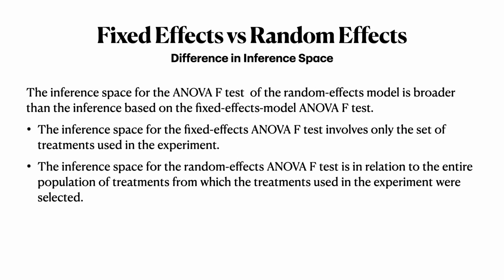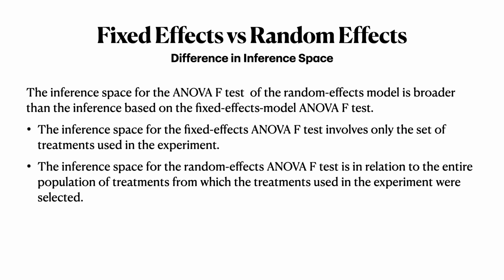Now, not only are the F-test hypotheses stated in terms of different parameters for the random effects model than they are for the fixed effects model, but the inference space, that is, the set of objects about which we can draw inferences, is different as well. In particular, the inference space for the ANOVA F test for the random effects model is broader than the inference space for the F test based on the fixed effects model.